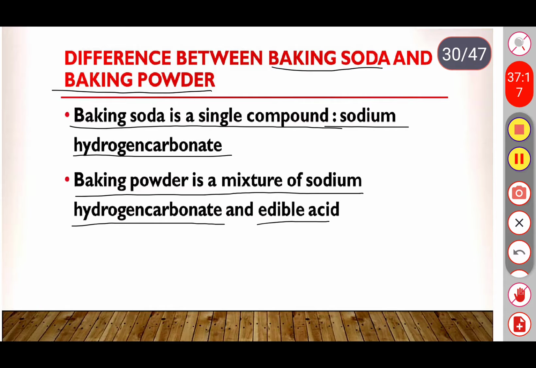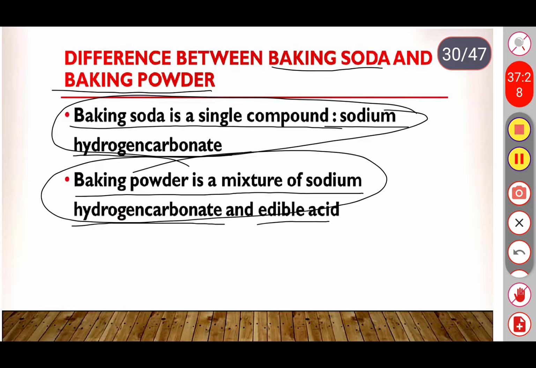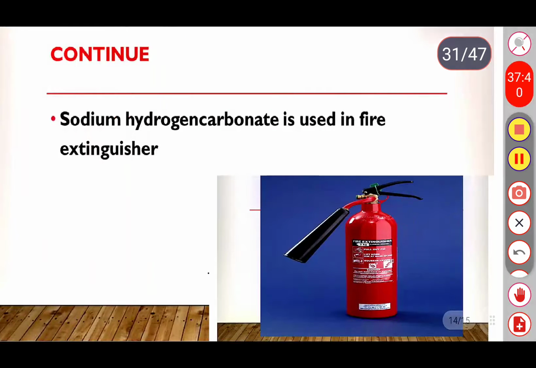Baking soda is a purely single compound, but baking powder is a mixture of two compounds, sodium hydrogen carbonate or sodium bicarbonate along with the edible acids. So this is the most important difference between baking powder and baking soda.